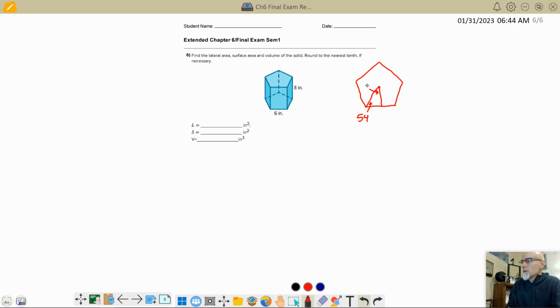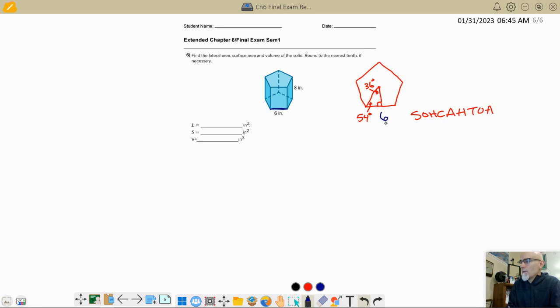This is a 36-degree angle right here. So we cannot use like 30, 60, 90 triangles. We can't use Pythagorean triples. This is a situation where we got to use SOHCAHTOA, sine, cosine, or tangent. The whole side length is 6, right? So 6 is right here.